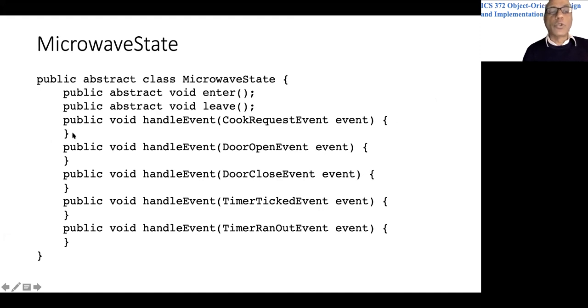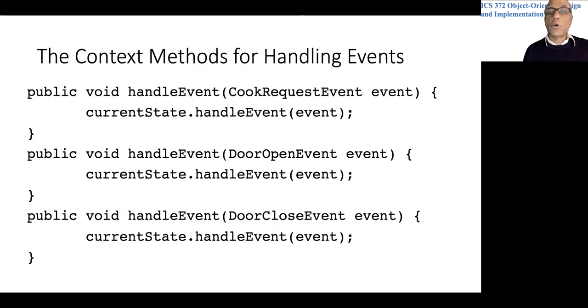The default is to do nothing, but the door closed state will have some implementation for it, or the cooking state will have some implementation for that. The door open state will not override it. Similarly, we have methods for door open event and door close event.